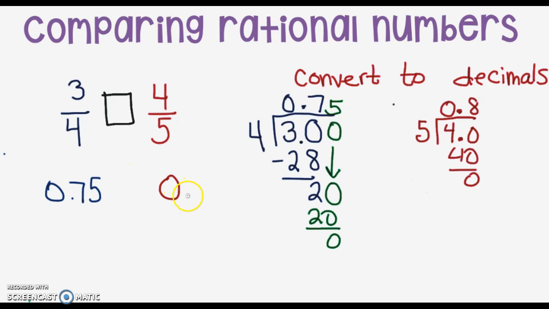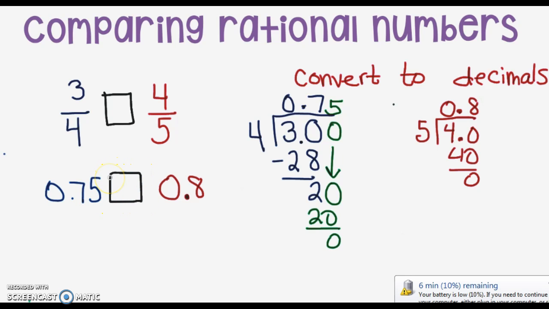So over here, instead of writing 4/5, we can write 0.8. Now, looking at this problem as we have it rewritten as decimals, we can easily see that 0.75 is less than 0.8.